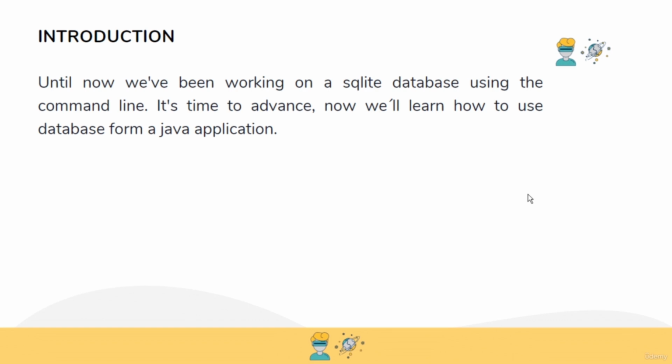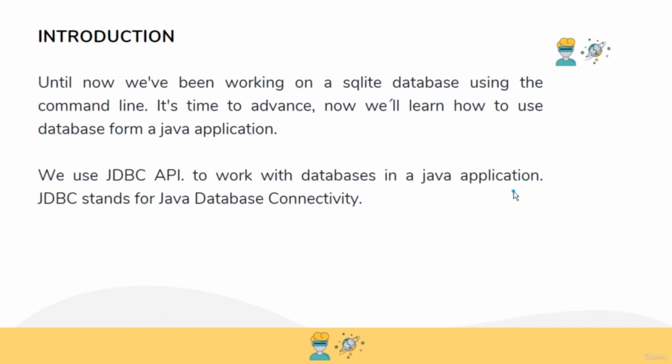It's time to advance. Now we'll learn how to use a database from a Java application. I think this is one of the most important parts, if not the most important one of this course for you, where you're going to use the database from a Java application instead of only writing the database and using it with command lines.